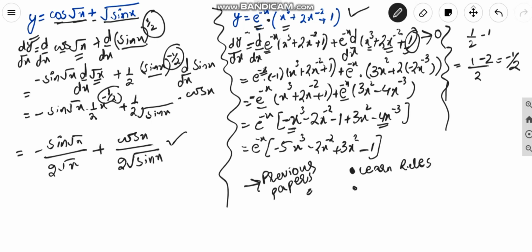The second thing is to practice each and every rule. Then you will be able to easily find the derivative of any given question. So I hope that you now have the idea to find the derivative of different questions.